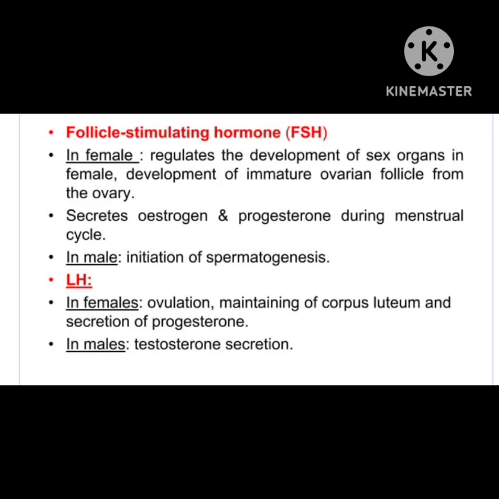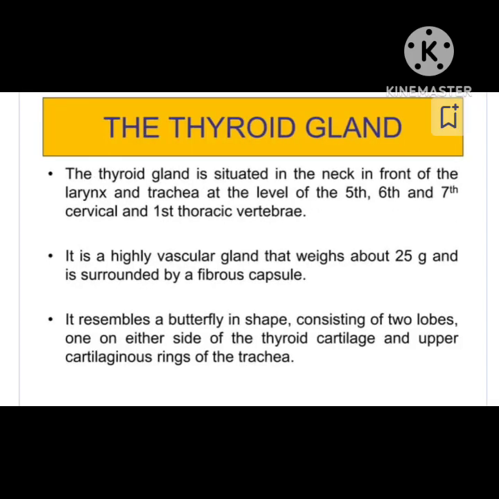Follicle stimulating hormone in female regulates the development of sex organs, and in male the initiation of spermatogenesis. Luteinizing hormone in female causes ovulation, maintaining the corpus luteum and progesterone.